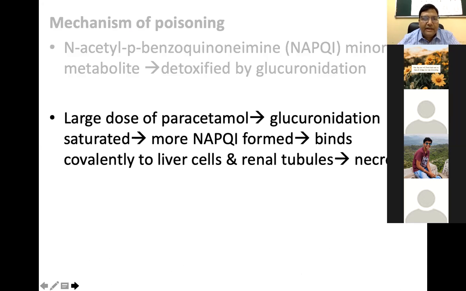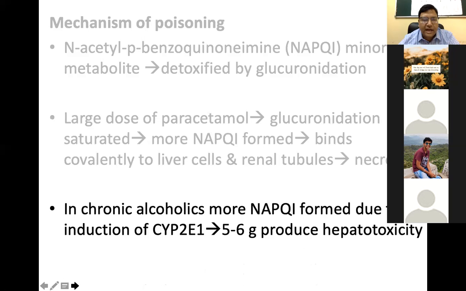So what happens when there is a consumption of large dose of paracetamol? The glucuronidation of the drug gets saturated. So more of this minor metabolite gets formed in the body, and it then binds covalently with the liver and the renal tubules, and then further leads to the necrosis of the liver cells or the hepatocytes.